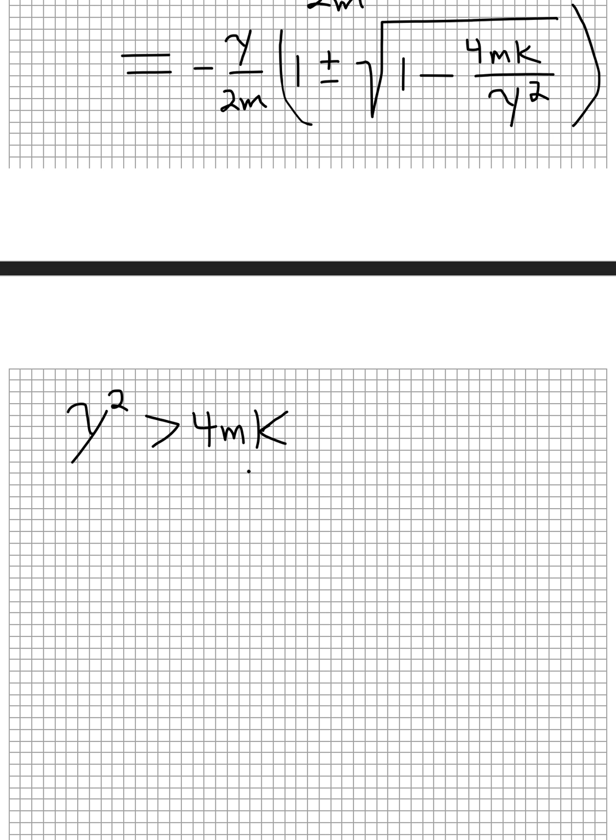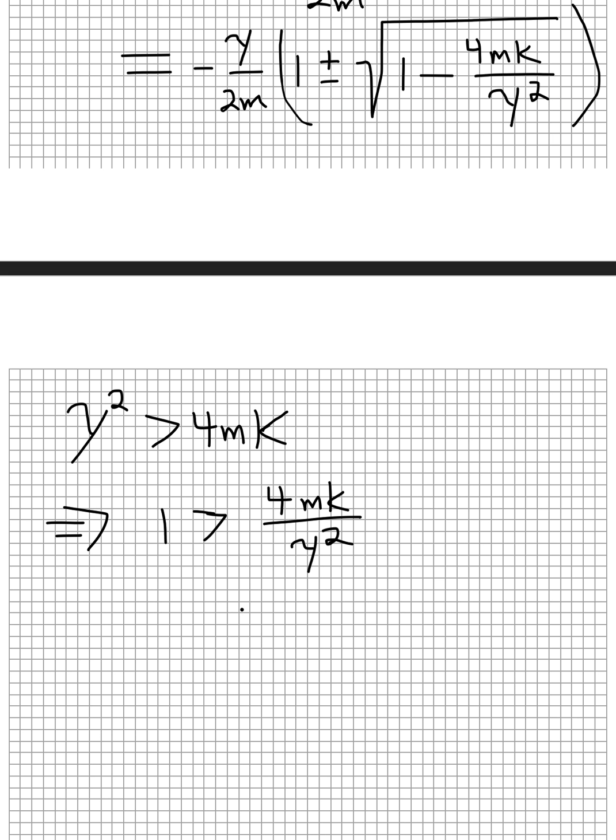This refers to the overdamping situation, right? So this must imply that 1 must be bigger than, if you divide gamma squared to both sides, 1 remains on the left-hand side, and on the right-hand side we have 4 times m times k, all divided by gamma squared.